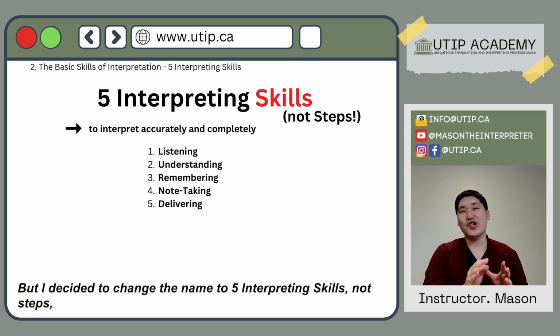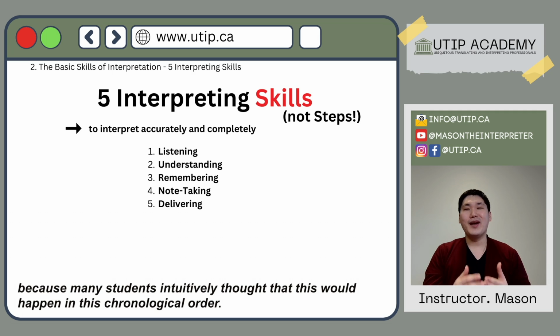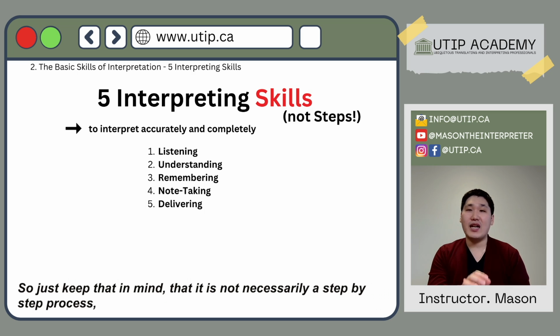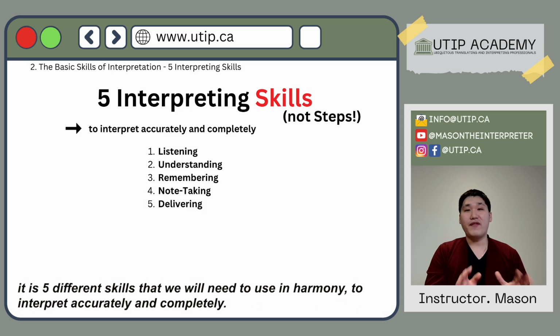But I decided to change the name to 5 interpreting skills, not steps, because many students intuitively thought that this would happen in this chronological order, which does look like that's what it is, but many of these skills that I'm about to explain will happen almost at the same time. So just keep that in mind, that it is not necessarily a step-by-step process. It is 5 different skills that we will need to use in harmony to interpret accurately and completely.